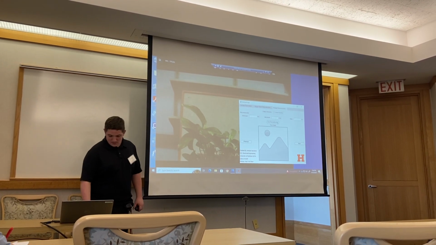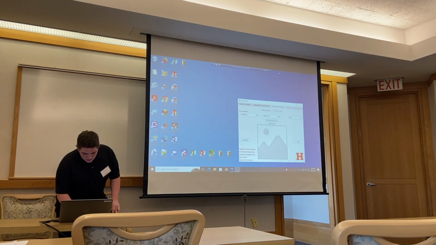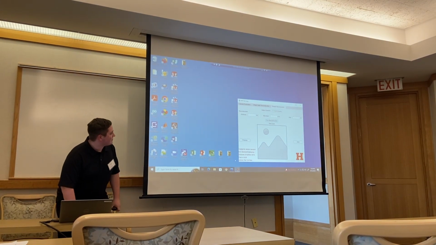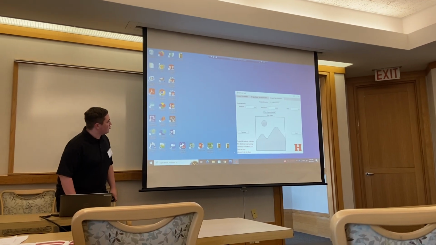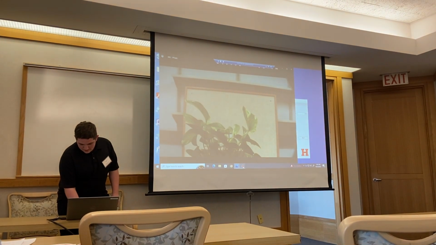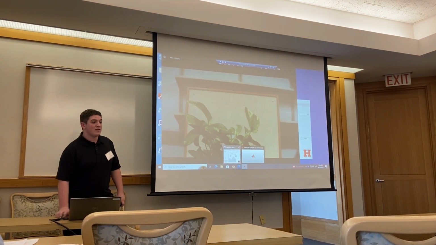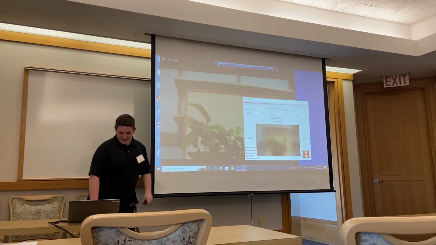Let me double check that it's running. It is running, very slowly. Are you running it on the Dana 321 computers or your computer? The Dana 321. And it's completed.